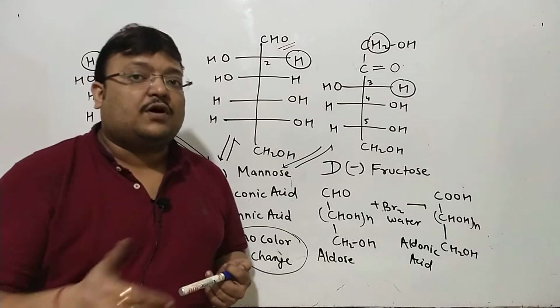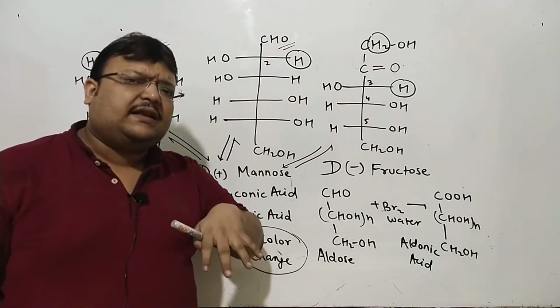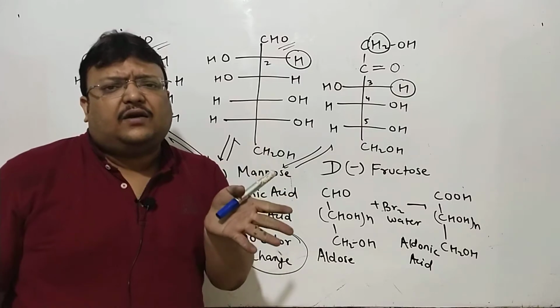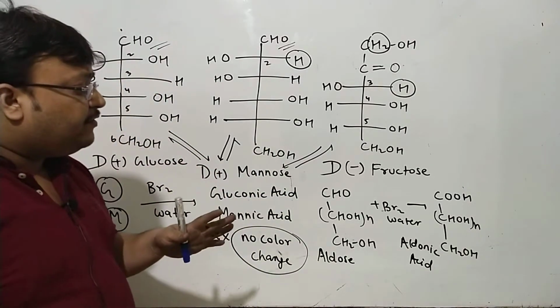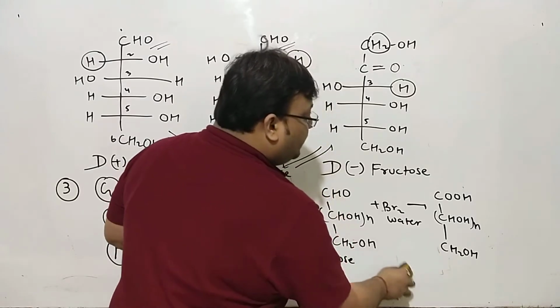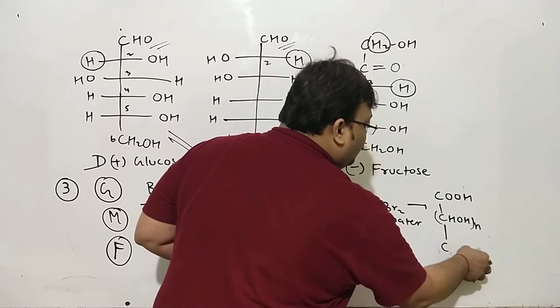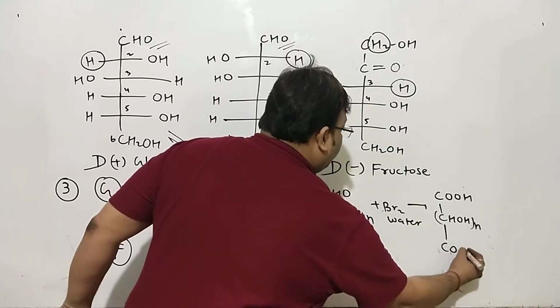Let's talk about a stronger oxidizing agent. I did tell you about it in the last class while we were converting aldose to aldaric acid, when both ends become COOH.